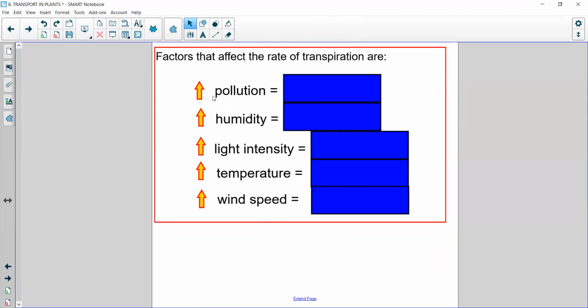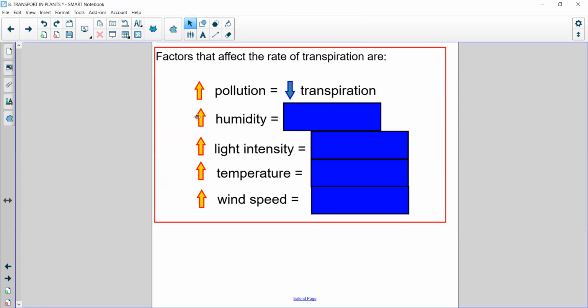What we find is that when there's high levels of pollution in the air in a particular area, some of that pollution is soot, and soot particles can end up sticking on to leaves. And when they stick onto leaves, they can actually block these stoma, these holes in the plant. So increased levels of pollution can actually decrease the rate of transpiration within a plant.